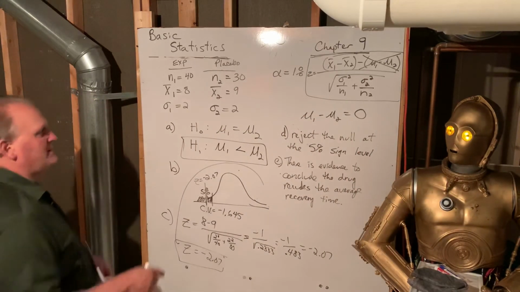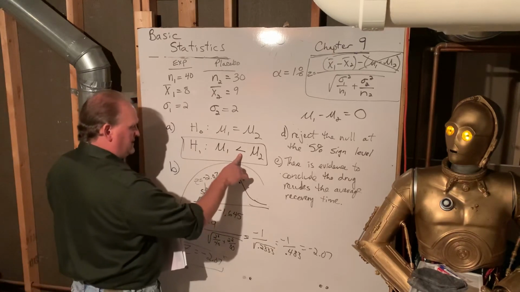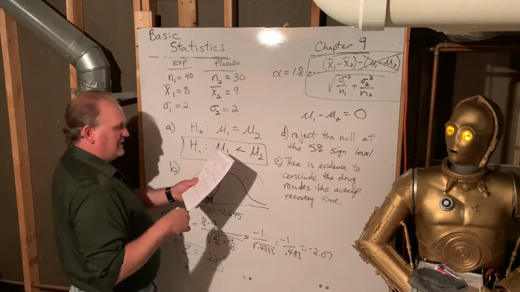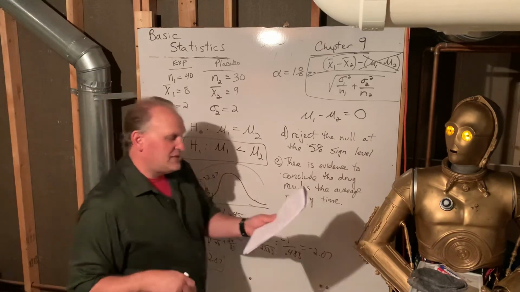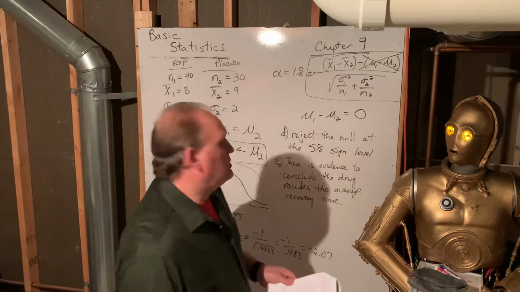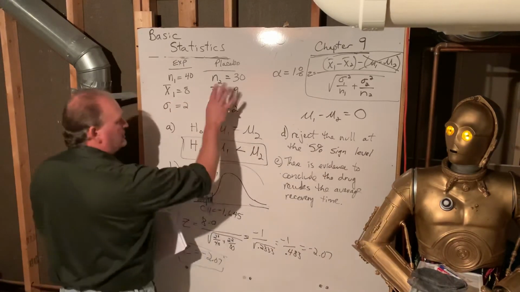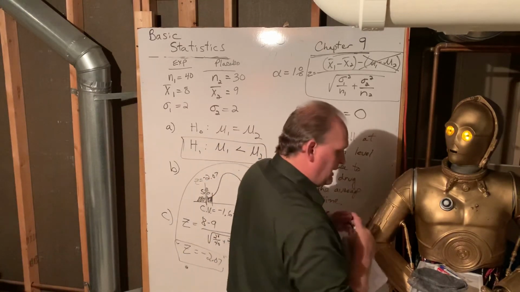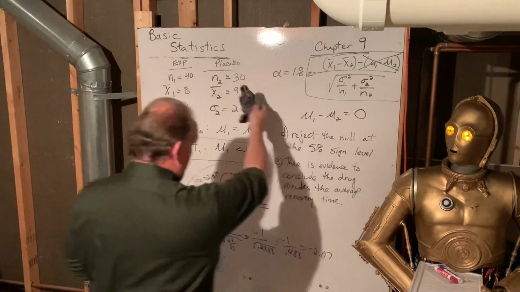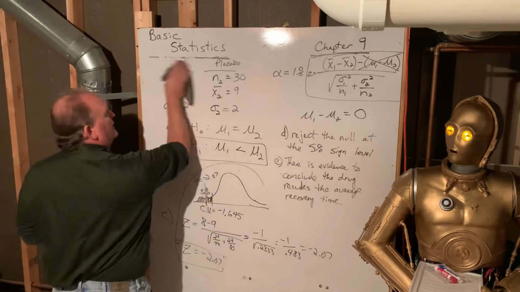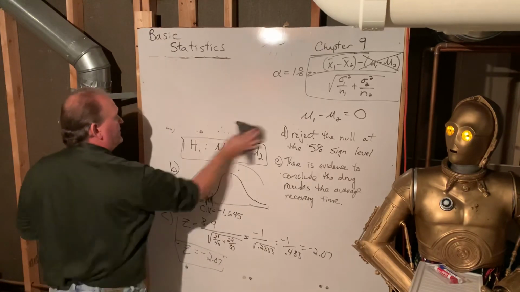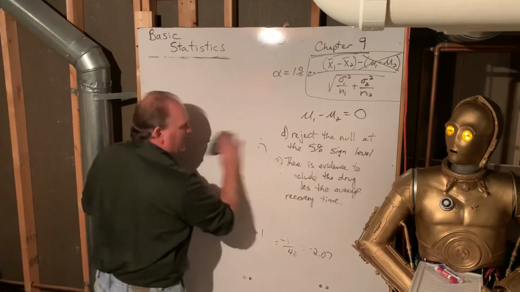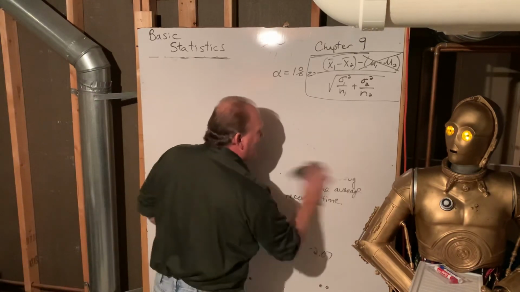It would have to be not equal to, and it would have to be a 10% significance level for it to connect to a 90% confidence interval. So this is just a separate problem, but there could be a connection, where you can use confidence intervals to make your conclusions. We saw that at the end of chapter 8. But it would have to be coupled with a not equal to.